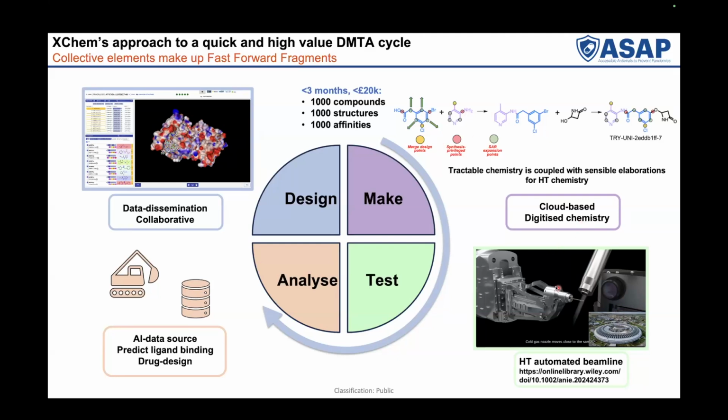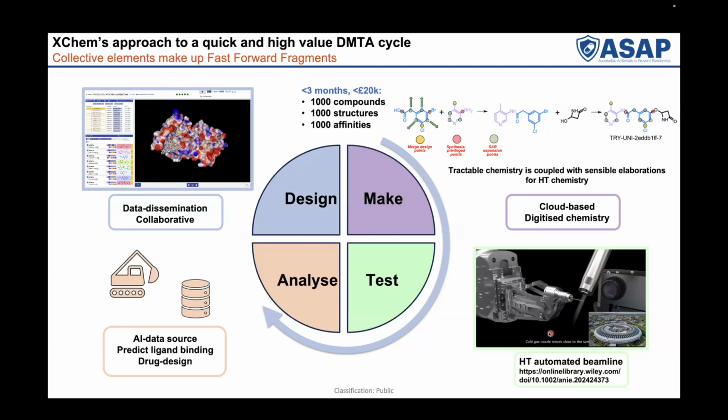And the test bit, like I mentioned, we're a high throughput beamline, which is automated. The other key thing with the test bit is that we also soak crude reaction mixtures. We found this to be quite effective for saving a lot of time, because obviously purification can take a lot of time, and that can be a real bottleneck.